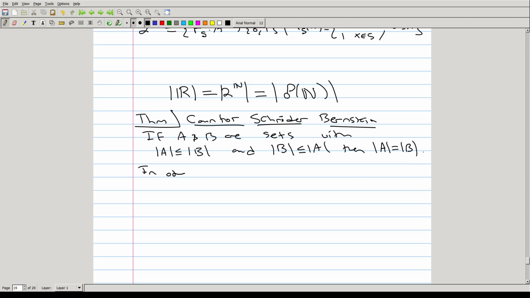In other words, you remember that we defined cardinality like this between sets in terms of injective functions.